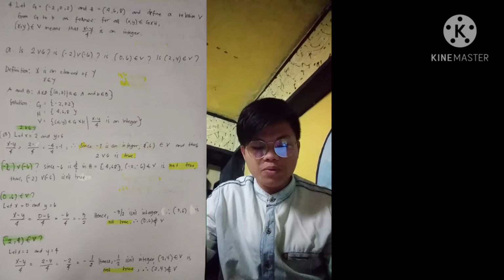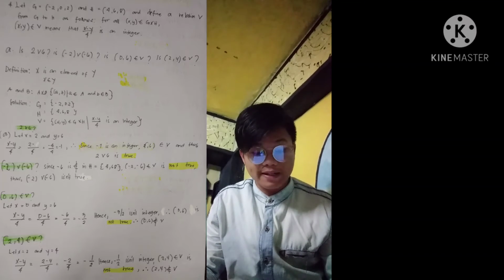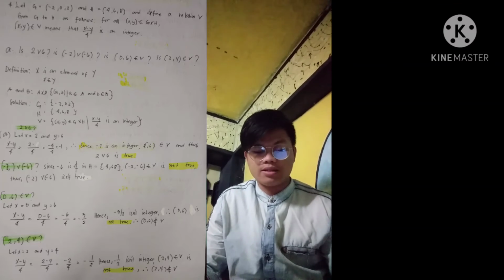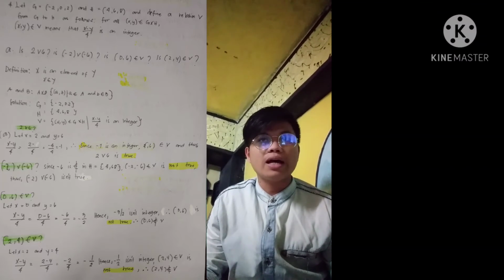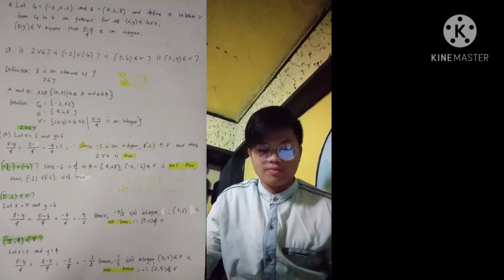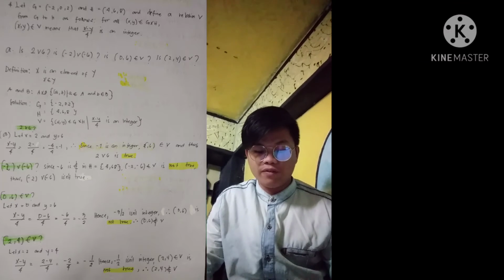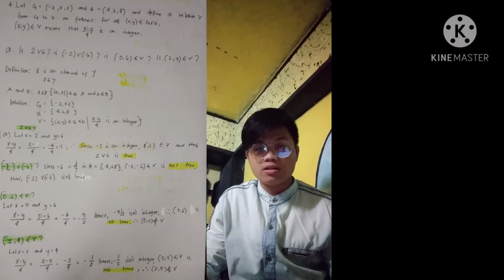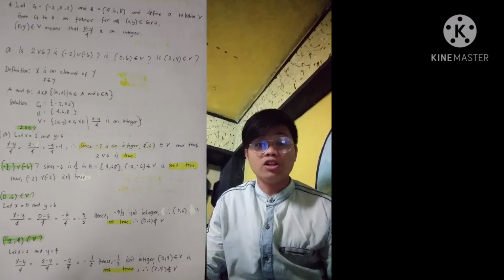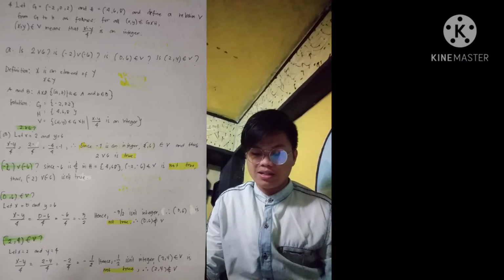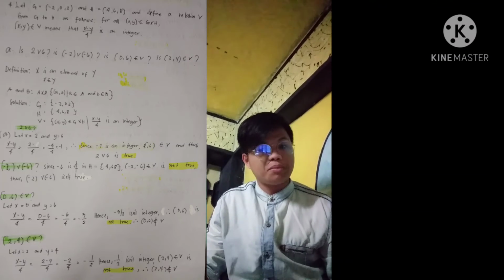Is (0, 6) an element of V? Let x equal 0 and y equal 6. We substitute all the given values, so we will have negative 6 over 4, which equals negative 3 over 2. Hence, negative 3 over 2 is not an integer. So therefore, (0, 6) is not an element of V.